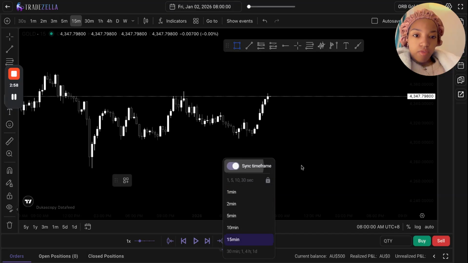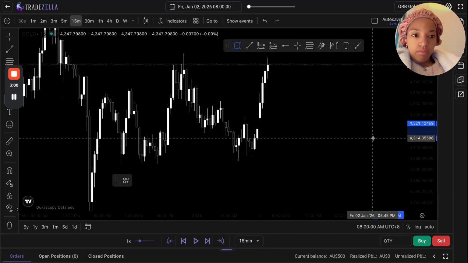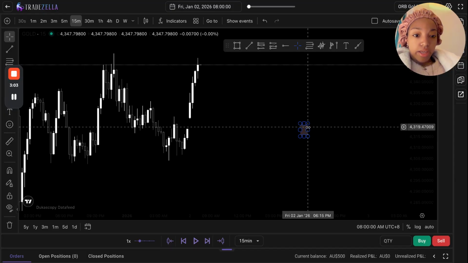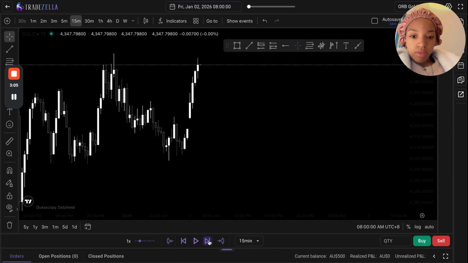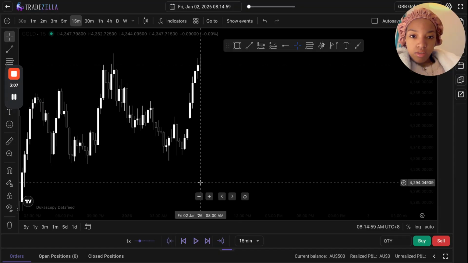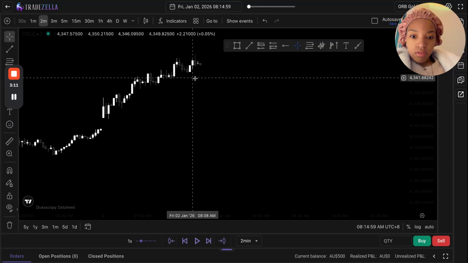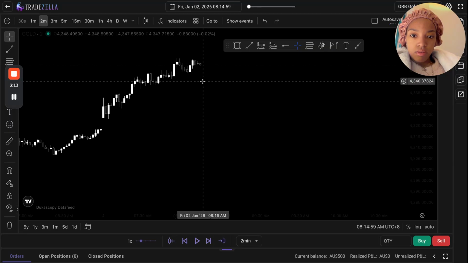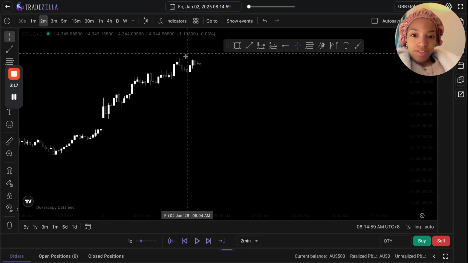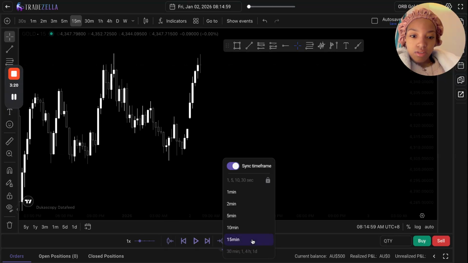Okay, we're going to sync time frames. What we want to see is the 15-minute candle closure. Oh, now the rectangle wants to work. Okay, we're going to see the 15-minute candle closure. I don't get it. Did it close?